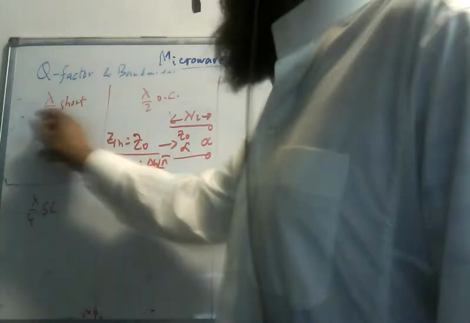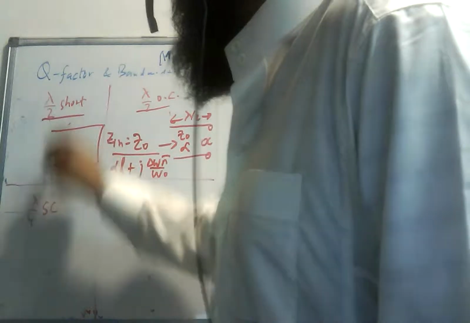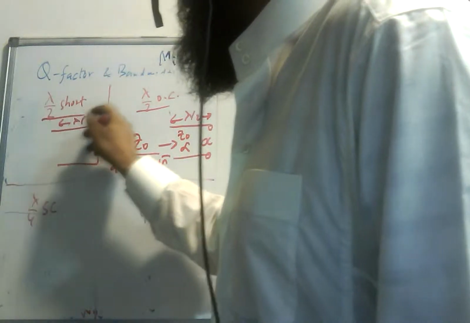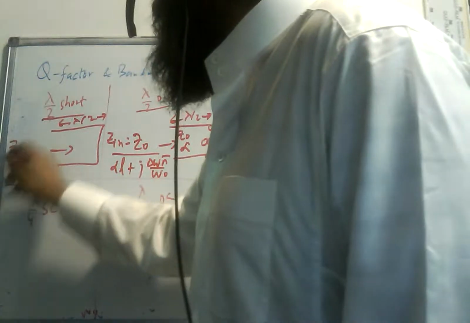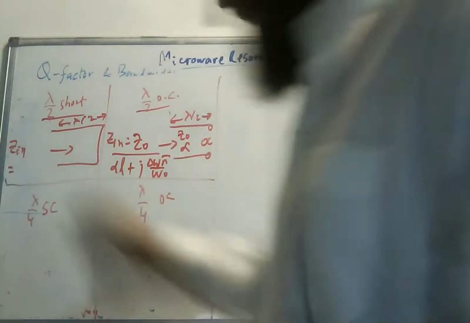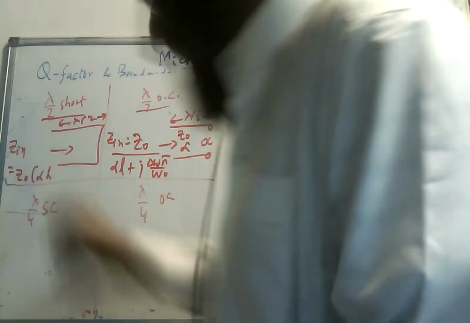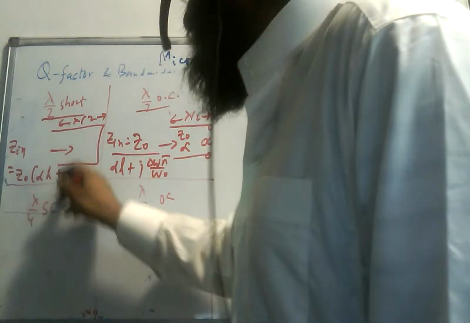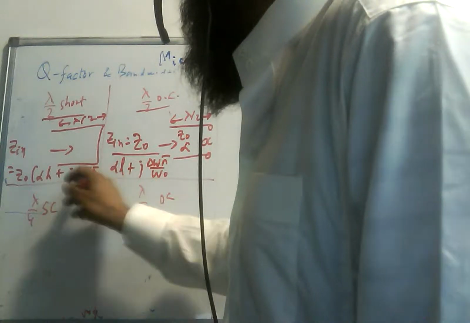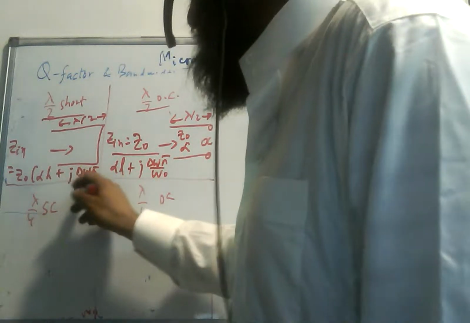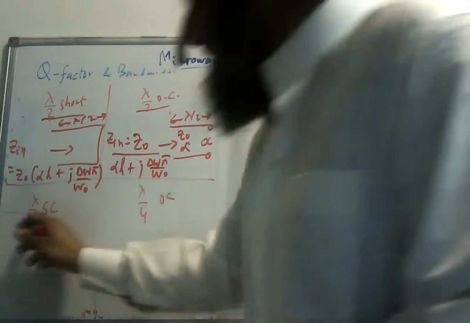Lambda by 2 short is like this. This is the circuit, so the length is lambda by 2. And the impedance here is Z in equal to Z0 multiplied by alpha L plus j delta omega pi divided by omega naught. For the short circuit, it is lambda by 4.